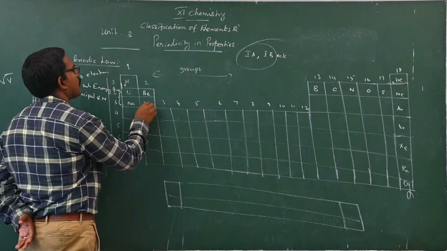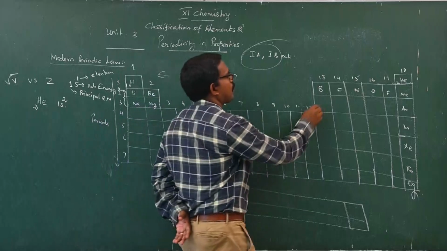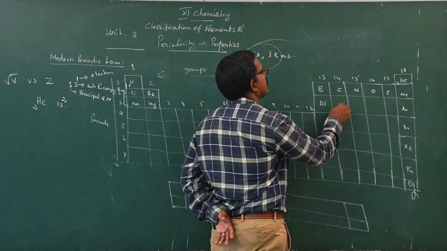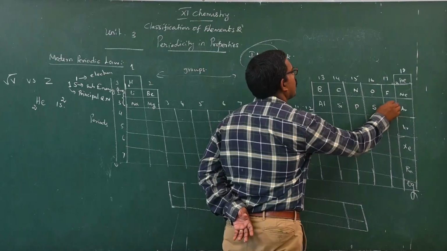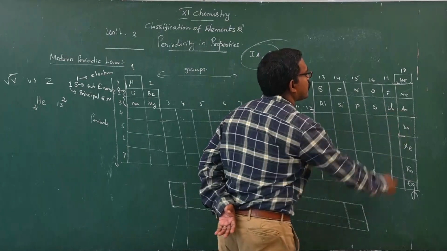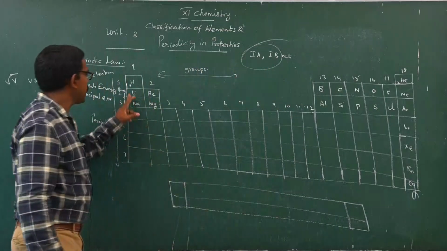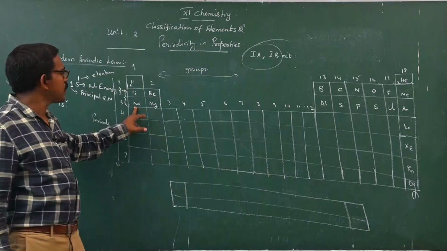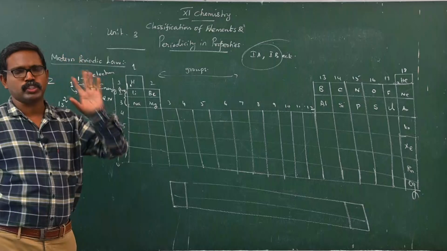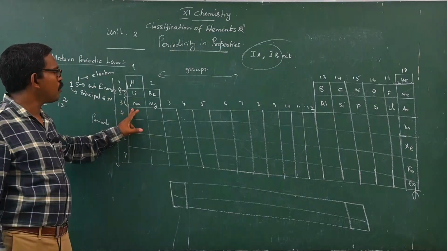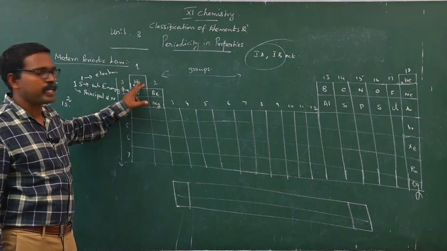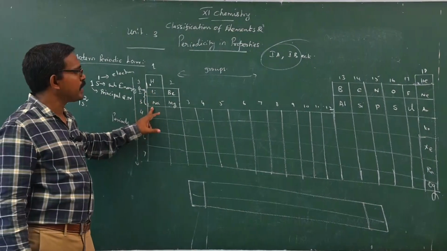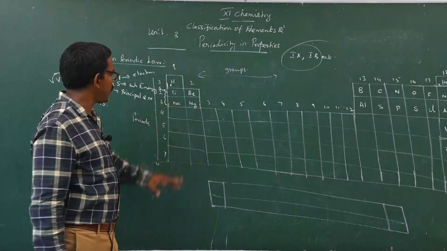The third period has sodium, magnesium, aluminum, silicon, phosphorus, sulfur, chlorine and argon. So the second and third periods each consist of 8 elements. These are known as short periods. The first period is a very short period, and the second and third periods are short periods.